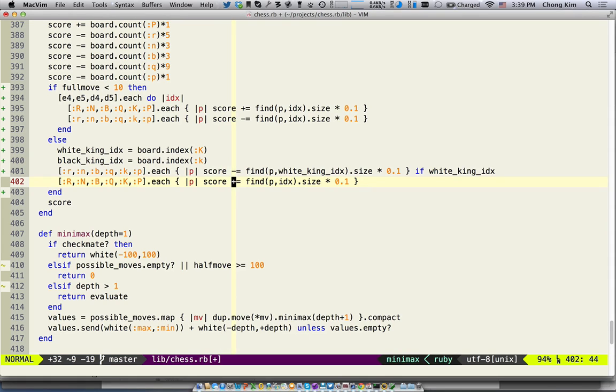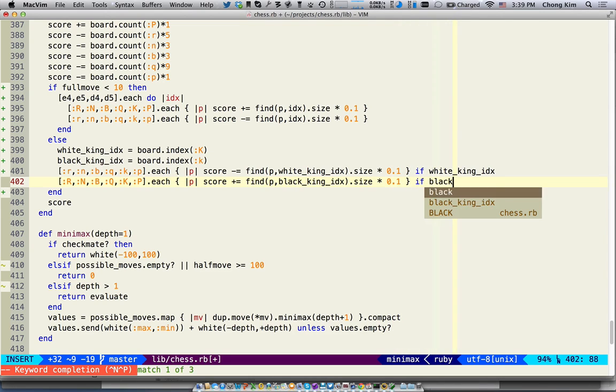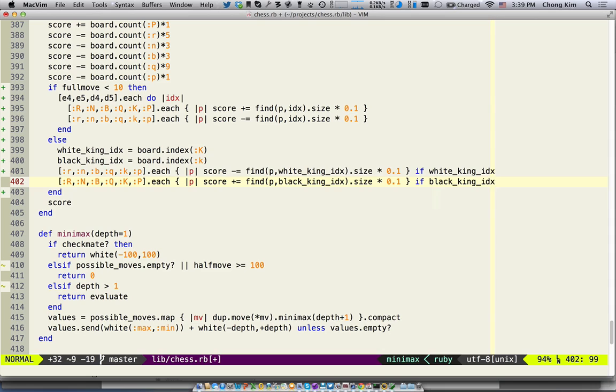And for this, we do plus. It's the black king index. See, 0.1 if black king index. All right, so let's see if this makes a difference.